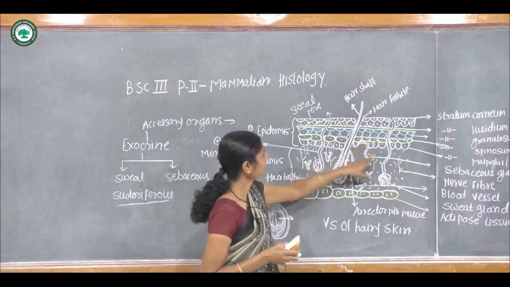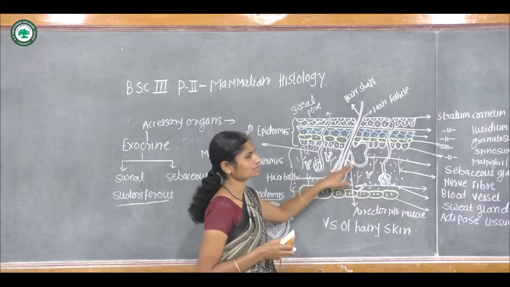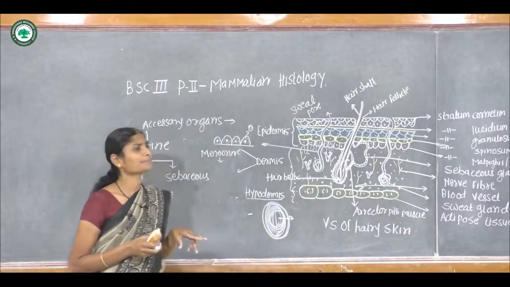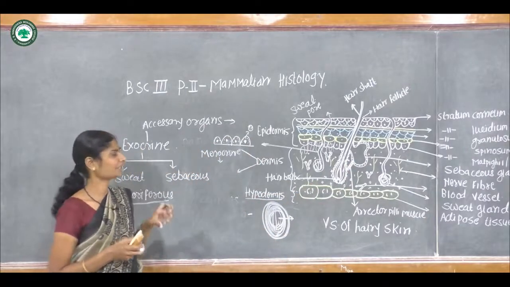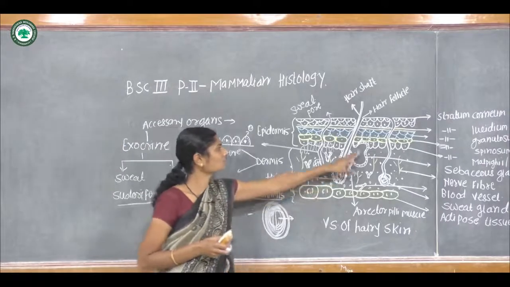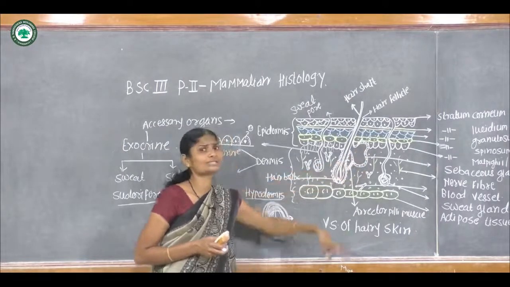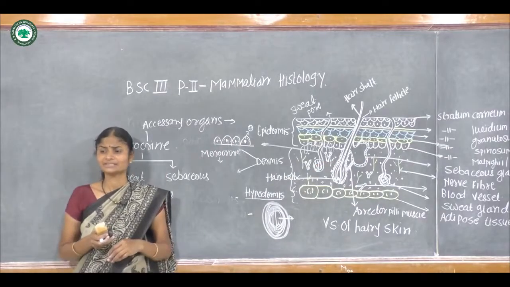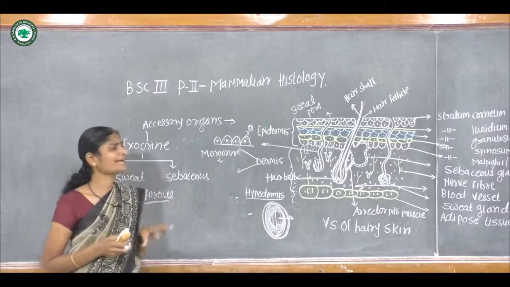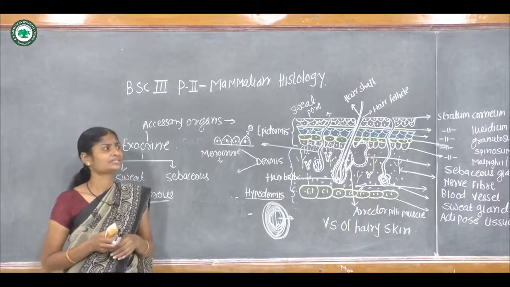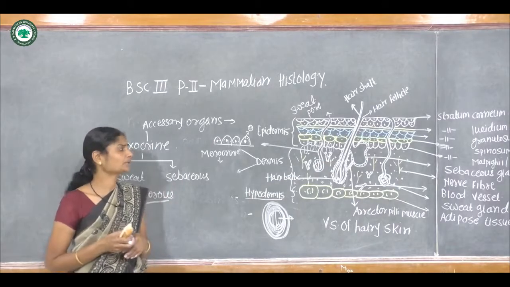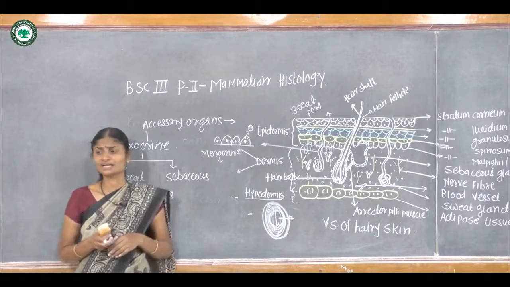These sebaceous glands show a branched alveolar structure, with the terminal part forming sac-like structures, and their secretion empties into the hair follicles.